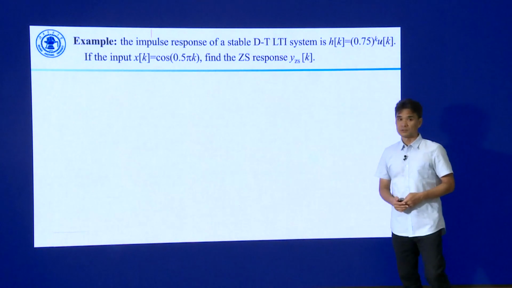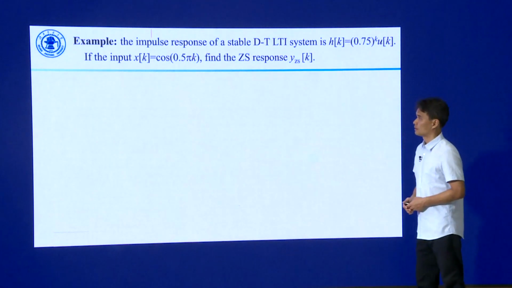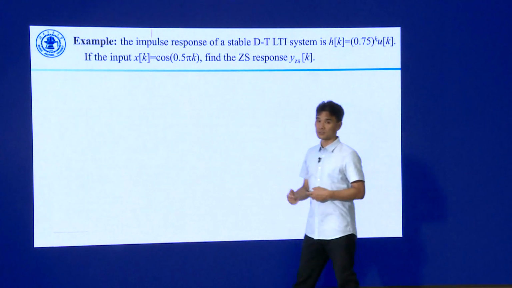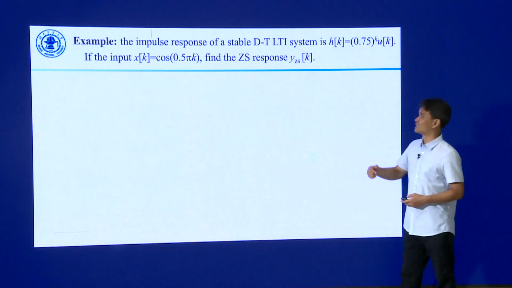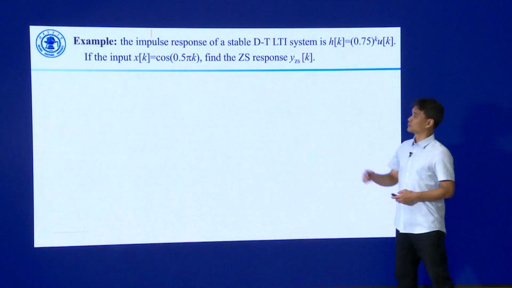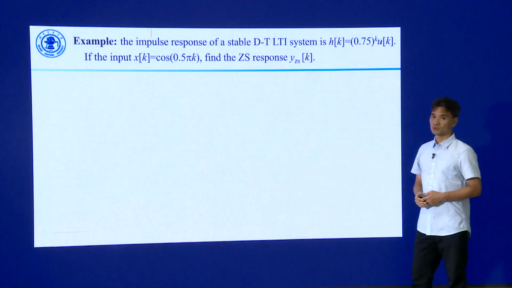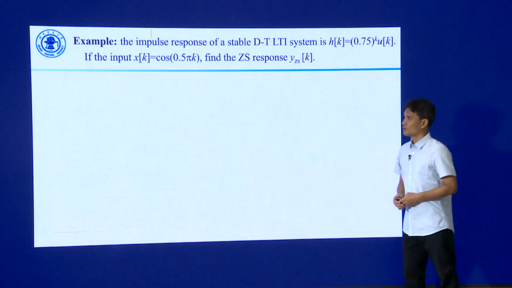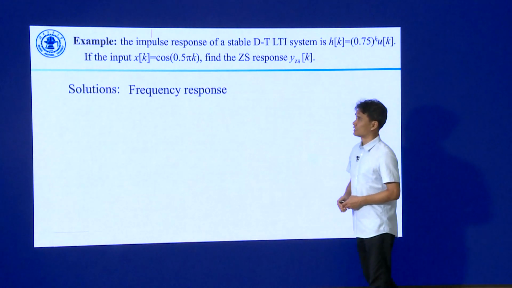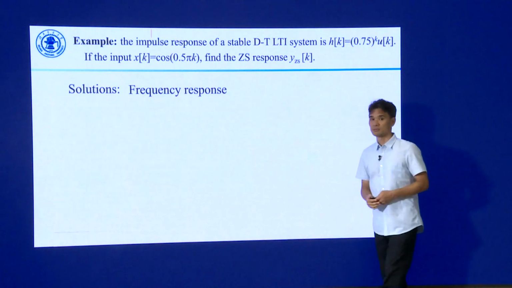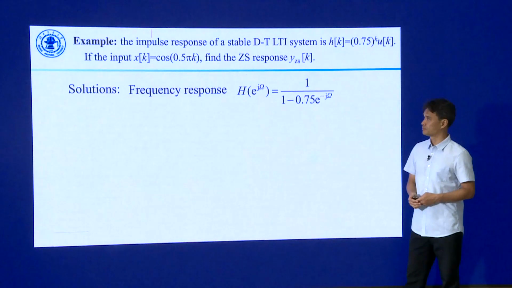This is another example. Now we have the input. It is a cosine function. What is the system's zero-state response? This is the system's impulse response. We already know that for a cosine function, the output has to be another cosine function.